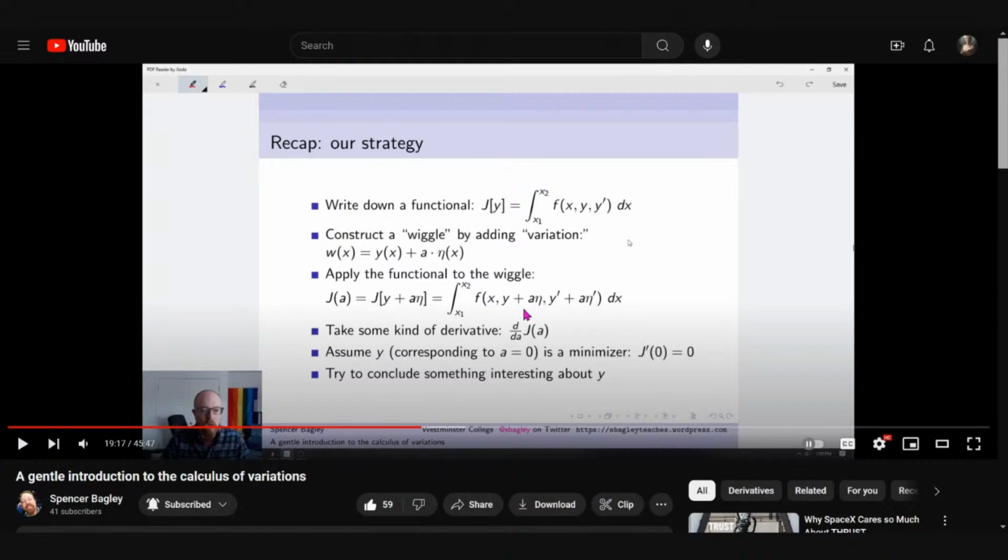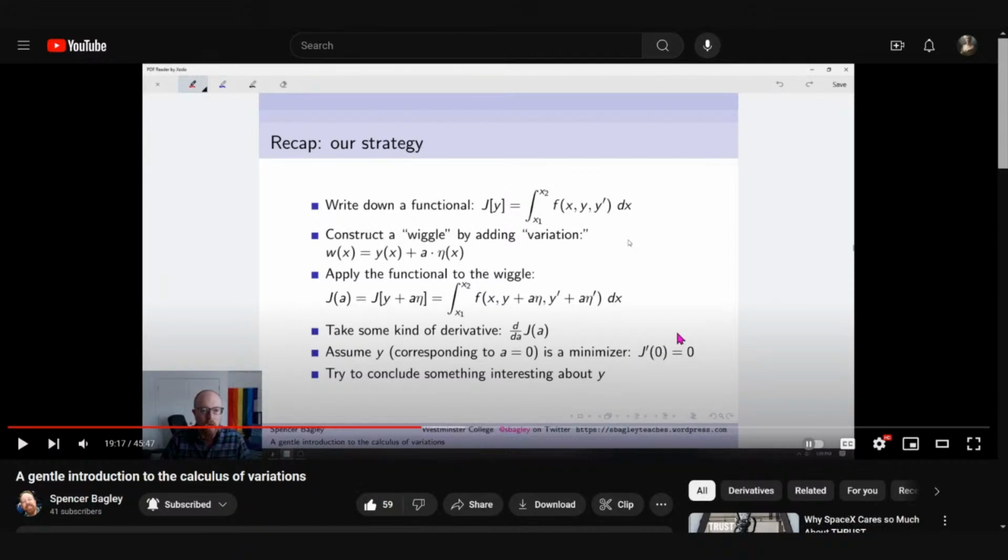Take some kind of derivative. The derivative of J: assume y corresponding to a equals 0 is a minimizer. J prime of 0 is equal to 0.